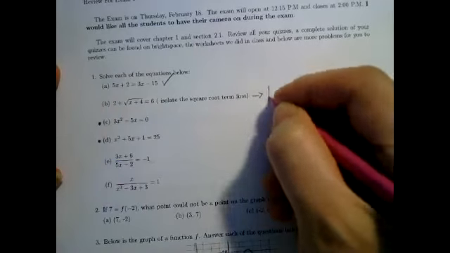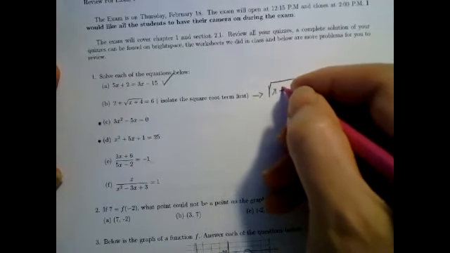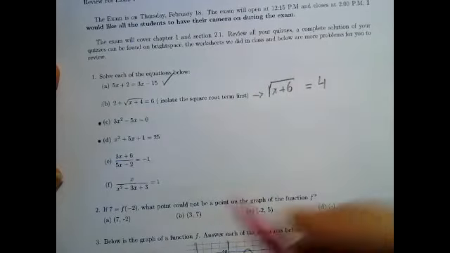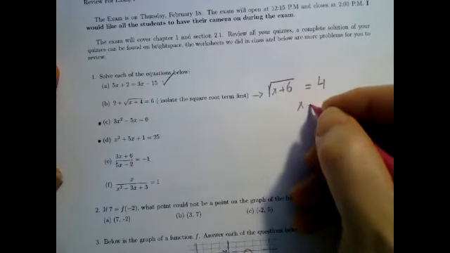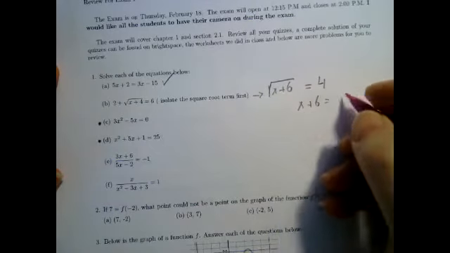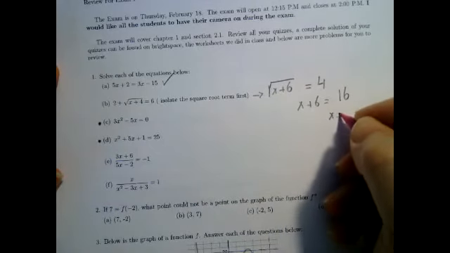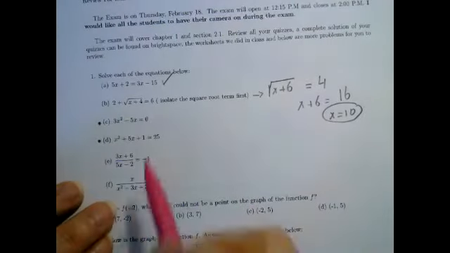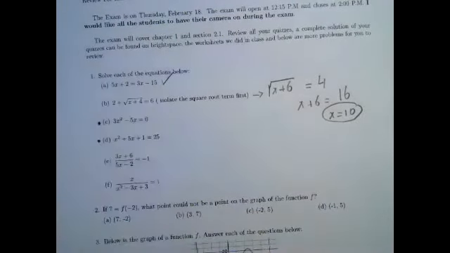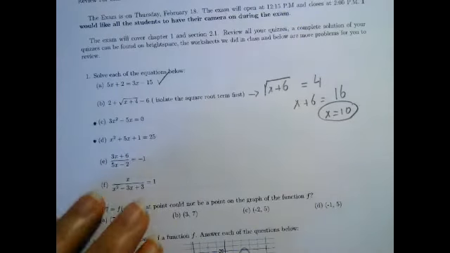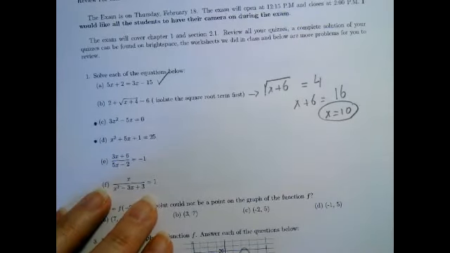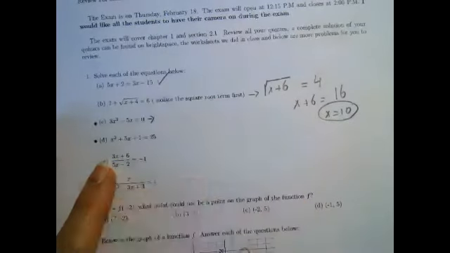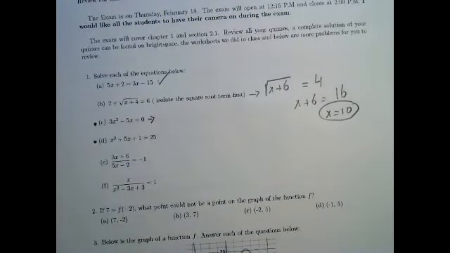So this would be, you have to isolate, and then you square both sides. This gives you 16, x equal to 10. Okay, we've done this. Now, how would you solve C? C, how do we do it?